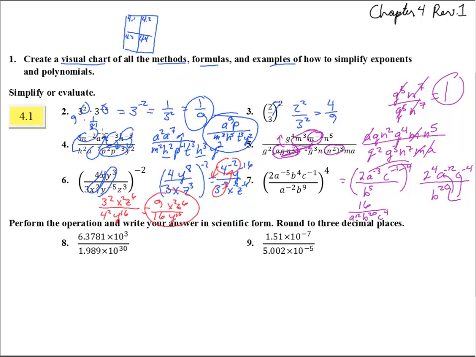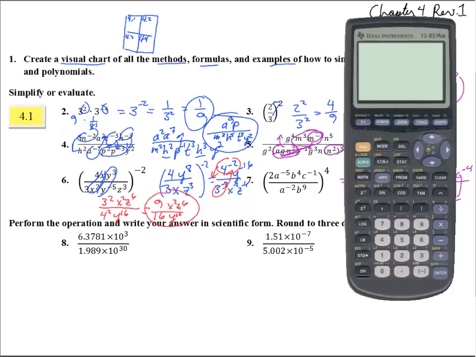Good. Here we have number 8 and 9, our scientific notation. Let's pull out our handy-dandy calculator. And we get 6.3781 times 10 to the 3rd divided by 1.989 times 10 to the 30th power.